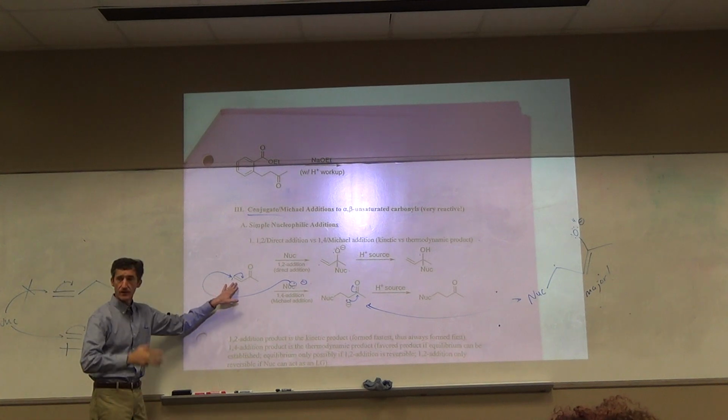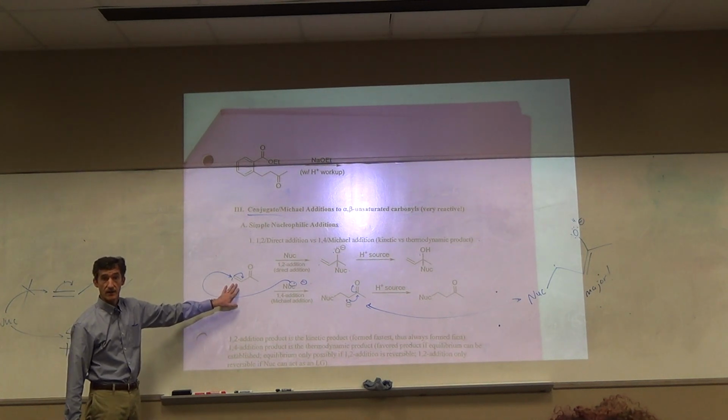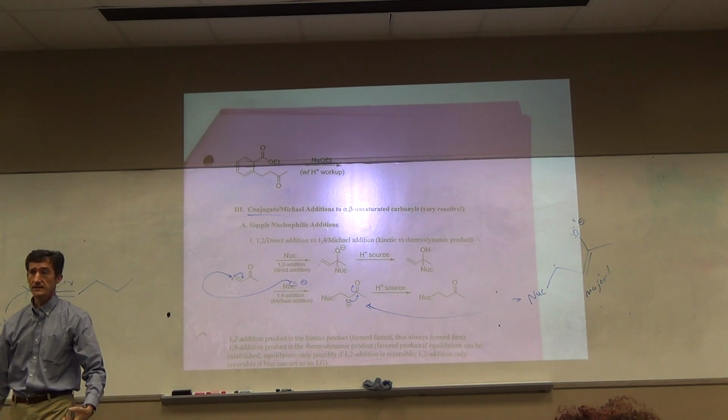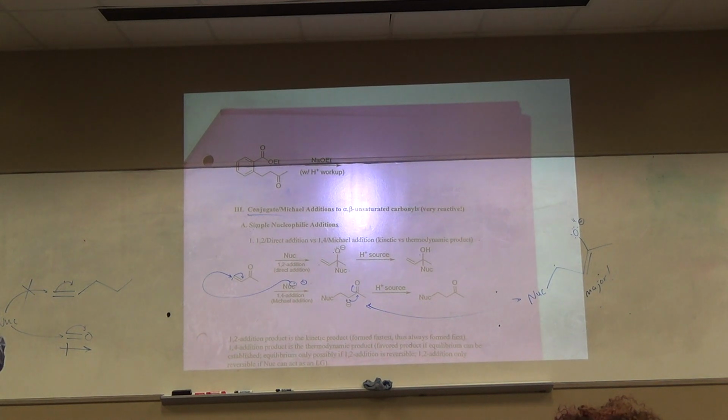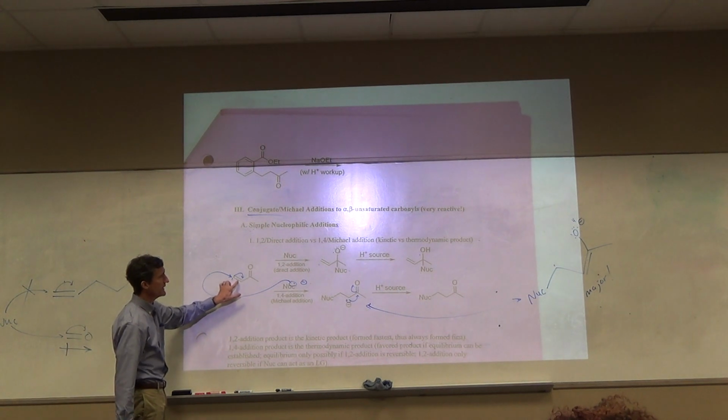Typically, alkenes are nucleophiles themselves, so they attack electrophiles. Like an alkene attacking bromine or MCPBA to make an epoxide. The alkene is the electrons attack something. Okay? We can do this with these alpha beta unsaturated carbonyls, and they actually tend to be pretty electrophilic, pretty reactive.